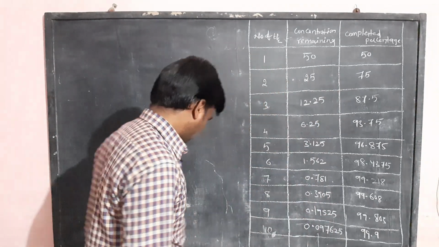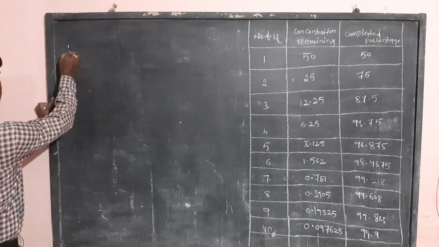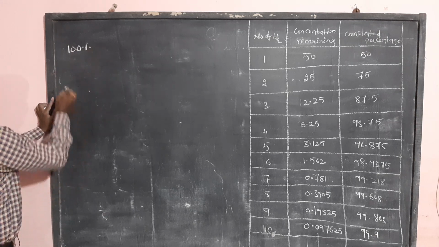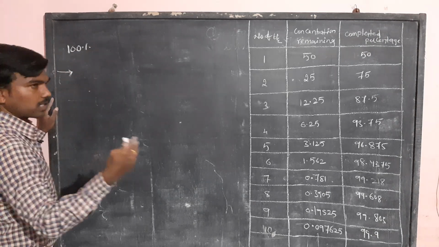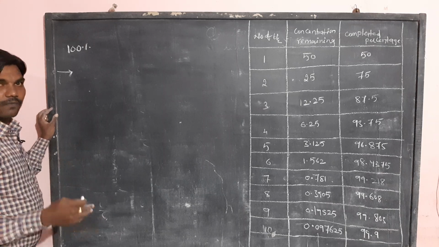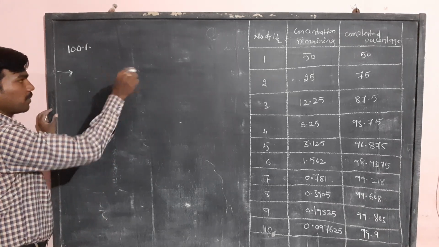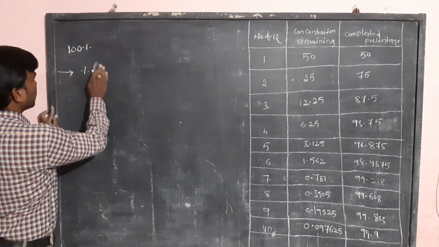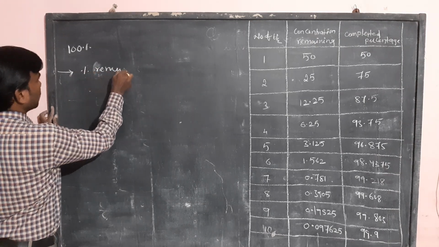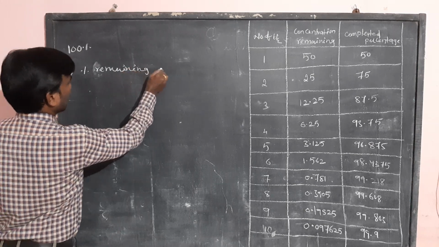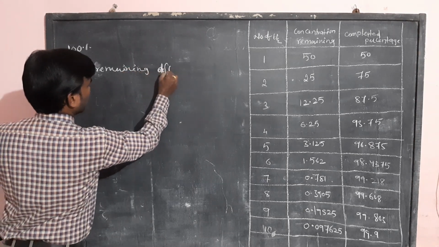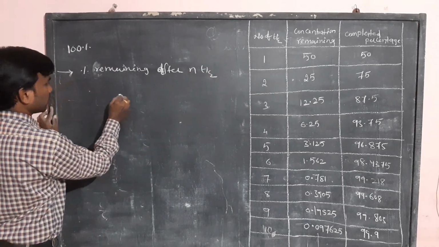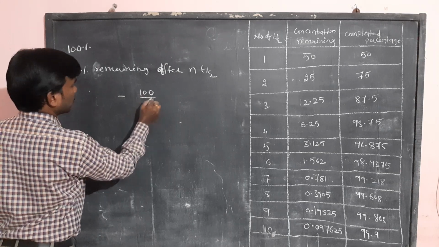First, suppose the reactant concentration is 100%. In that, after 3 T halves, how much percentage is completed, and after n T halves, how much percentage is remaining? That can be calculated like this: percentage remaining after n T halves is nothing but 100 by 2 to the power of n.